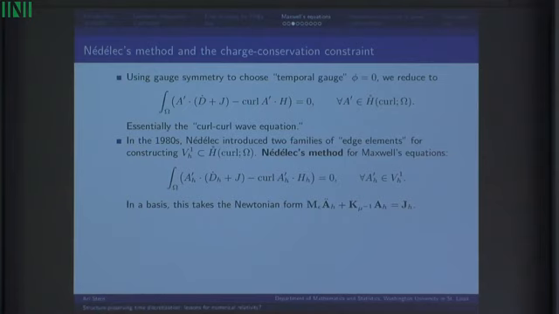Now in the 1980s, Nedelec introduced 2 families of edge elements for constructing finite element approximations of H curl. He also constructed some closely related families of face elements for another space, H div.